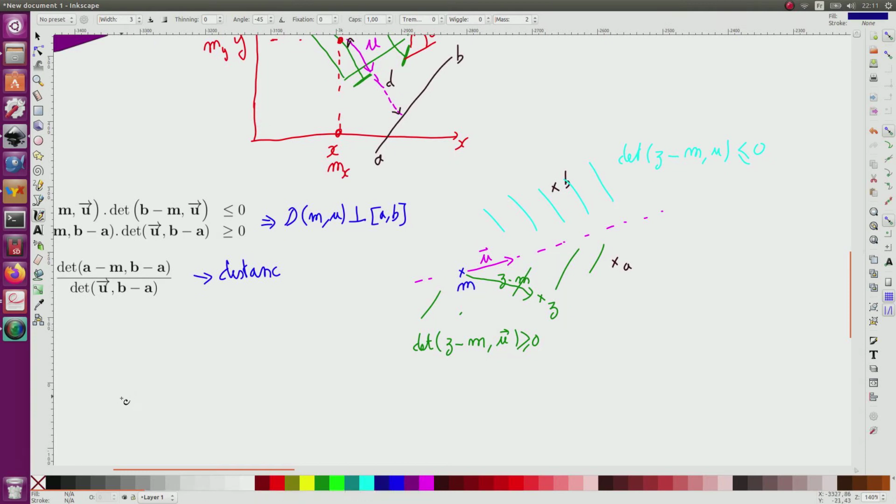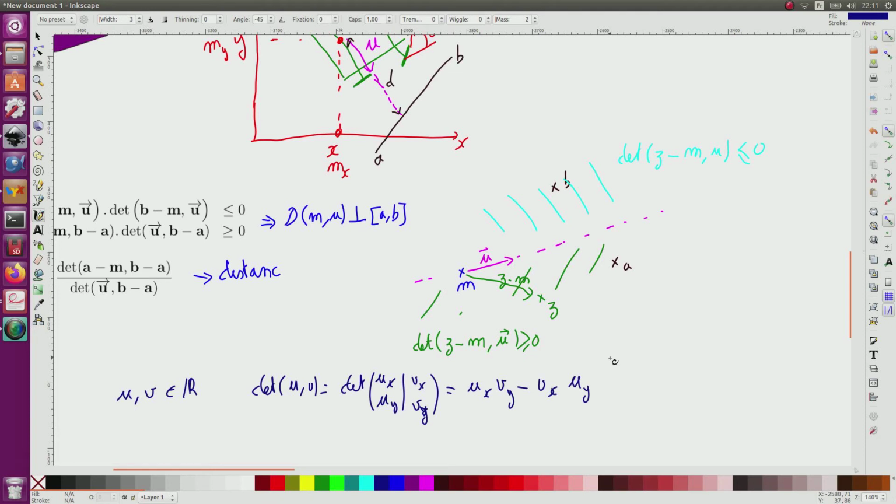If I have two vectors U and V of R2, both belong to R2, what I call the determinant of U and V corresponds to the determinant of the matrix with rows Ux, Uy and Vx, Vy, which is equal to Ux times Vy minus Vx multiplied by Uy.